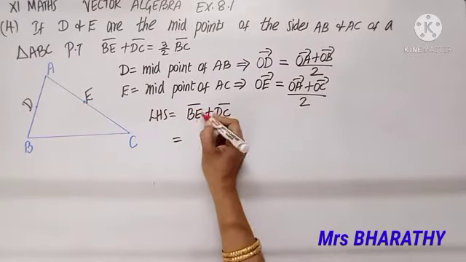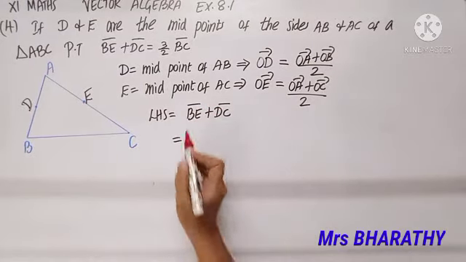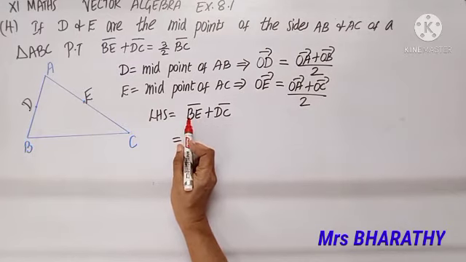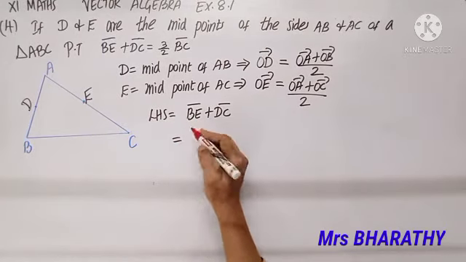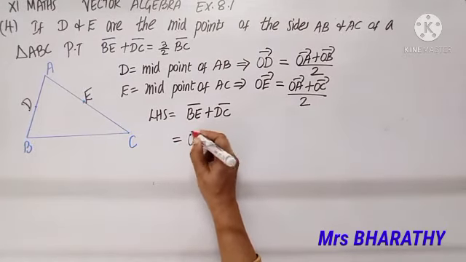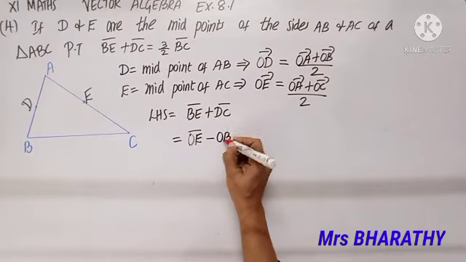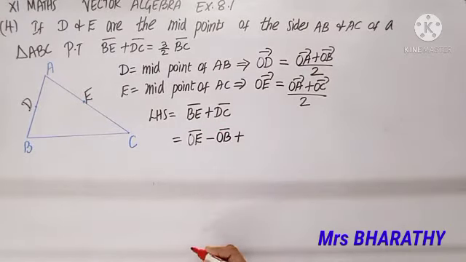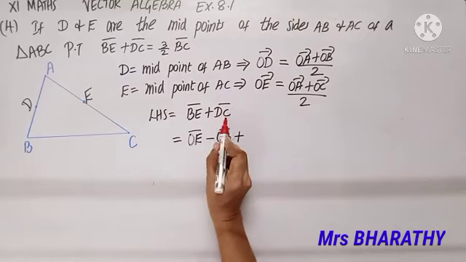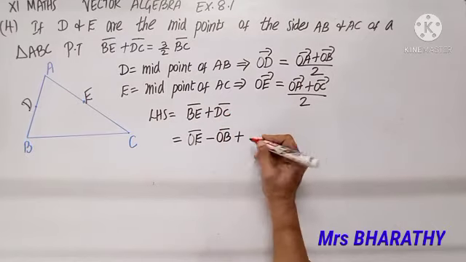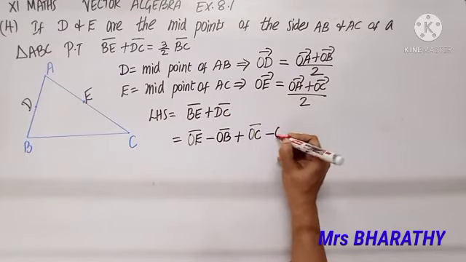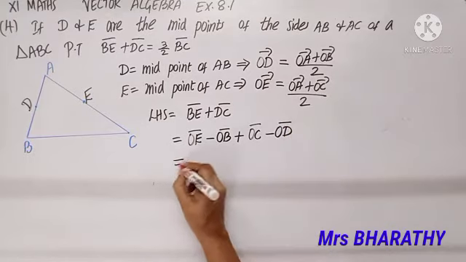How to write BE vector? Remember the idea, second minus first. So BE is OE vector minus OB vector, plus DC, second minus first, OC vector minus OD vector.